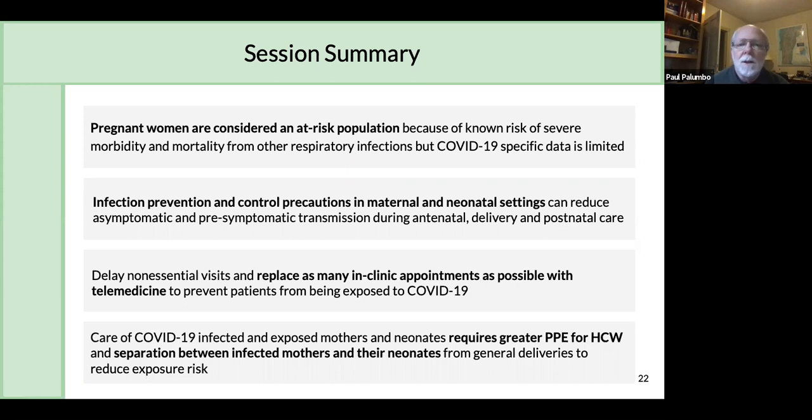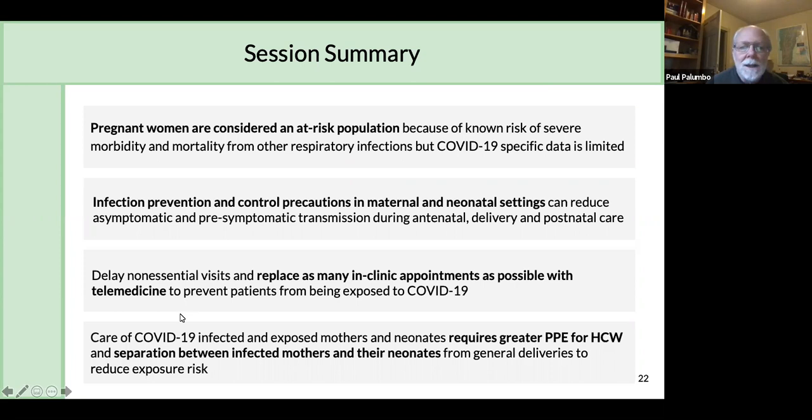Infection prevention and control precautions can reduce asymptomatic and pre-symptomatic transmission during antenatal, during delivery, and during postnatal care. Having said that, there are challenges with infection prevention and control precautions, especially in the form of the presence of asymptomatic infection during which transmission is possible.